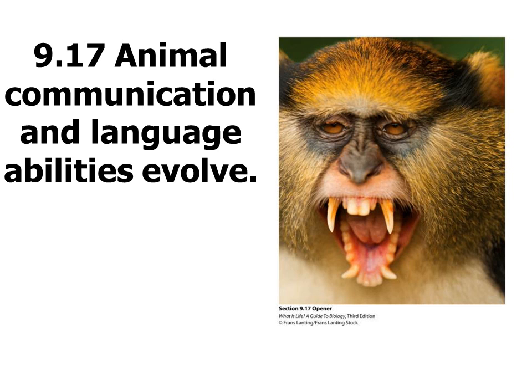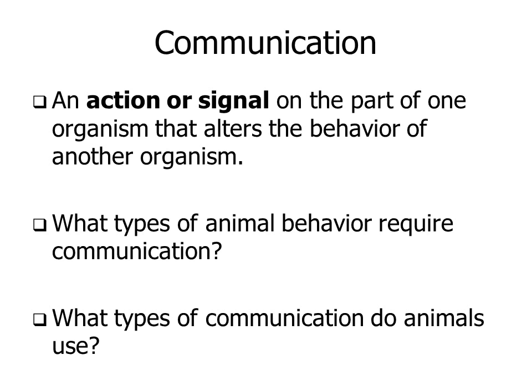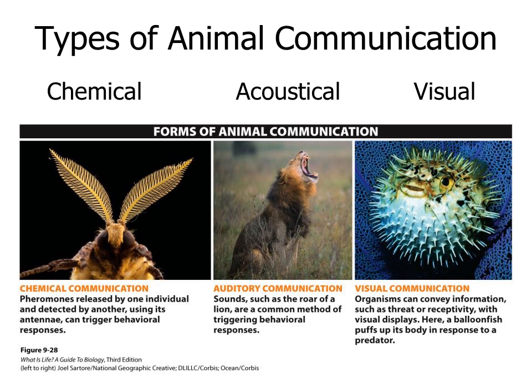The last behavior we'll talk about in the context of evolution is animal communication. It's a complex behavior. An action or signal on the part of an organism that alters the behavior of another organism is defined as communication. Communication doesn't just include talking as humans. There's lots of different forms of communication shown here. You have chemical communication, shown here on the left.